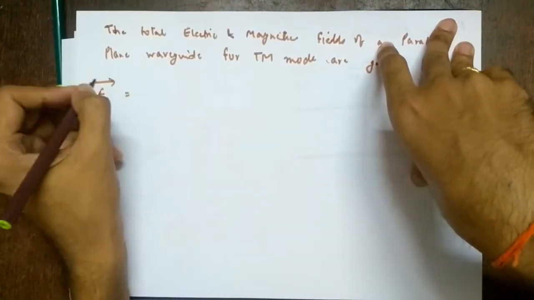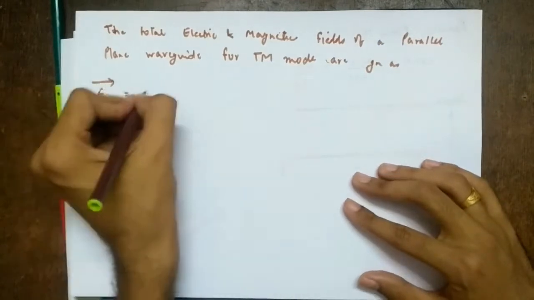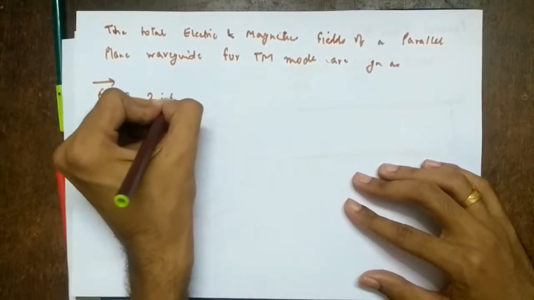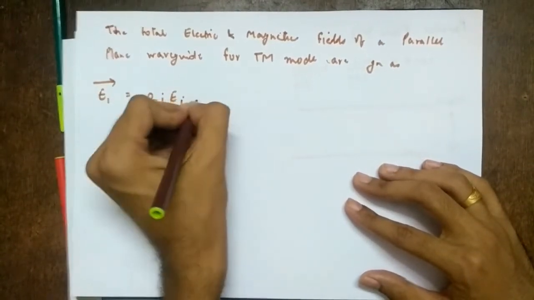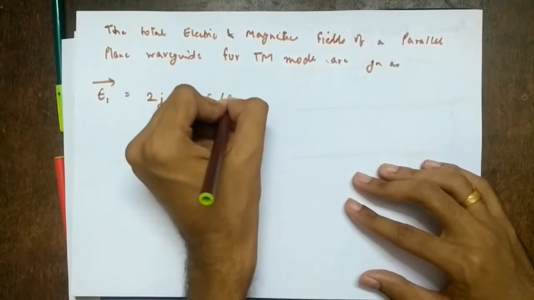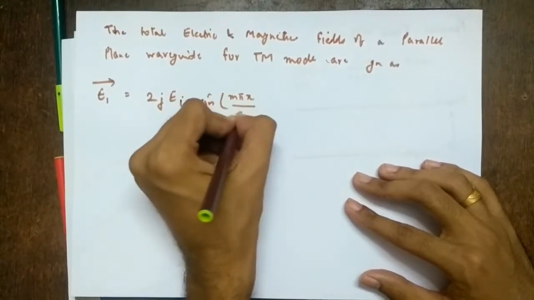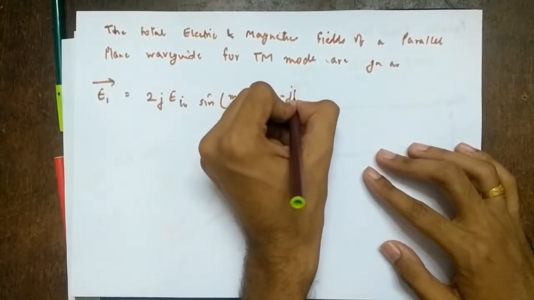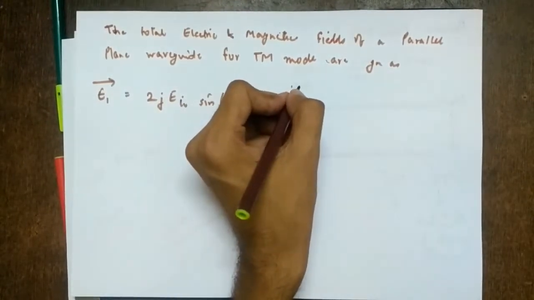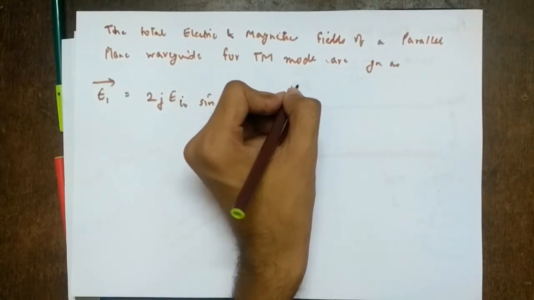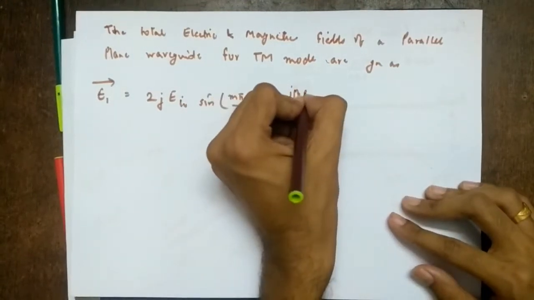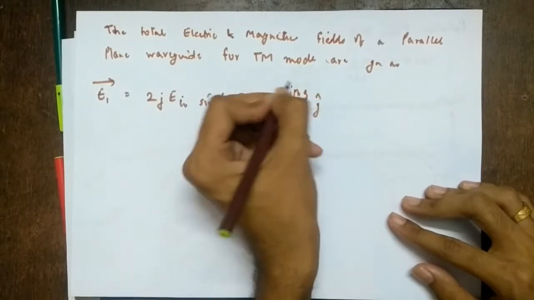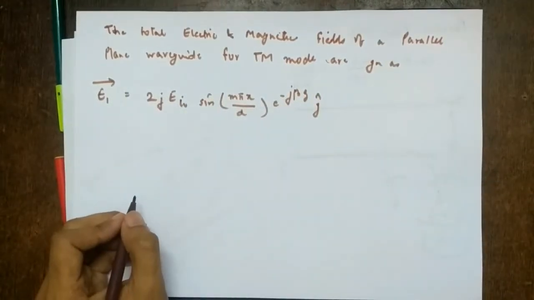E1 vector equals 2j Ei naught sine of m pi x by d e raised to minus j beta z y cap. No, these are for TE mode, sorry.